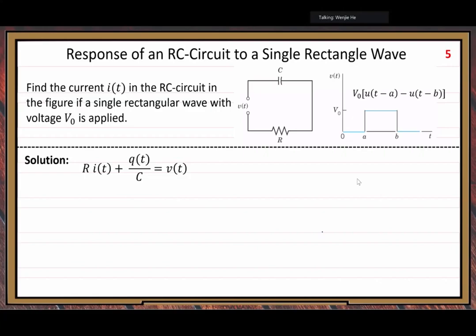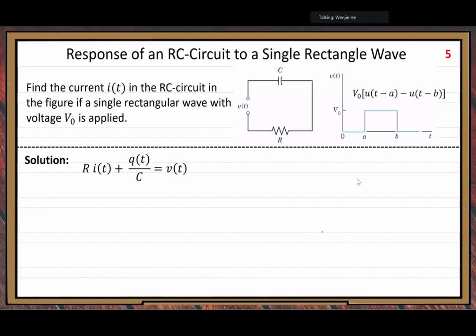The voltage drop going through all the components, the current going through all the components. So you need to add up all the voltage drops, then equals this V function. So the voltage drop of the R component, this formula.